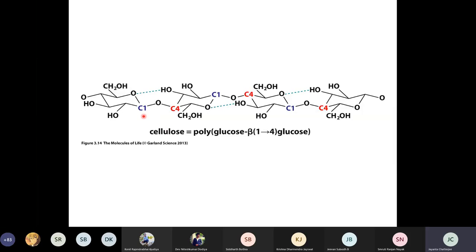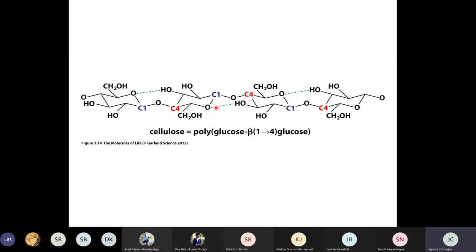Whereas in cellulose, what you have is a beta linkage, right? The equatorial hydroxy group, in the beta anomer, engages in a 1,4 linkage with the next glucose unit.